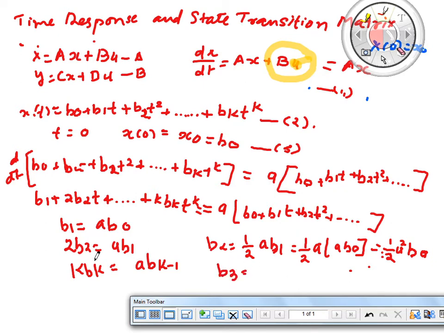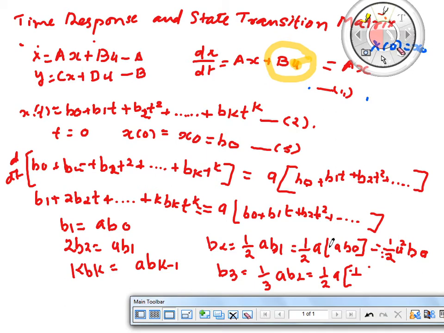So what I have to do, I have to take another variable, b3 is equal to 1 by 3 into a into b2. So I have to put this b2 value over here. Sorry, for b3 we will be having a b2.